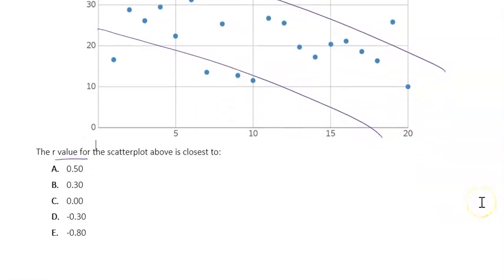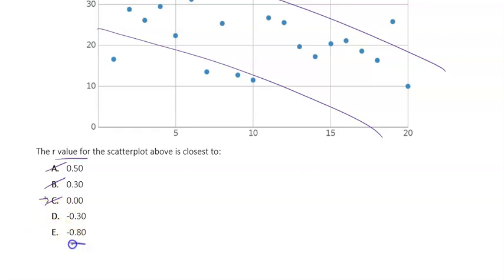So of our options, 0.5 and 0.3 are both positive values, so they wouldn't be appropriate. 0 means we would have a completely random scatter and not be able to sense any direction, so it's not C. And then from the two negative options, D and E, E would indicate a strong relationship, D would indicate a weak one. So our best answer there is D.